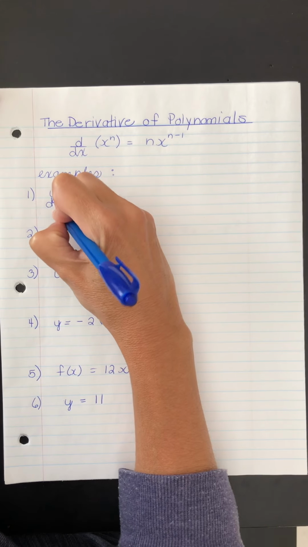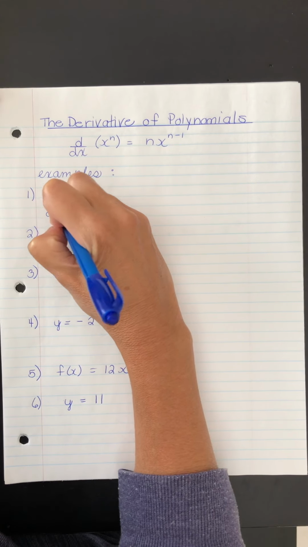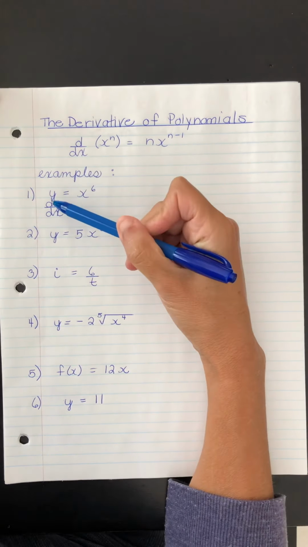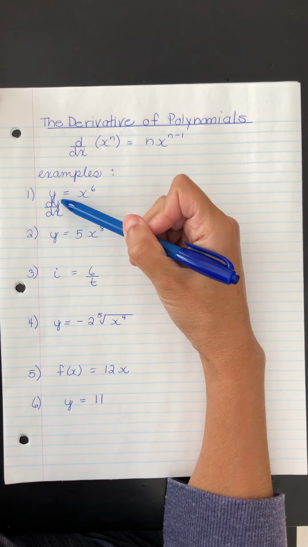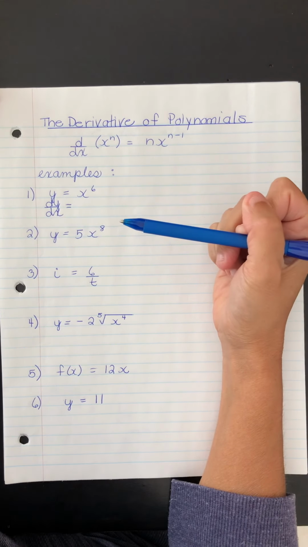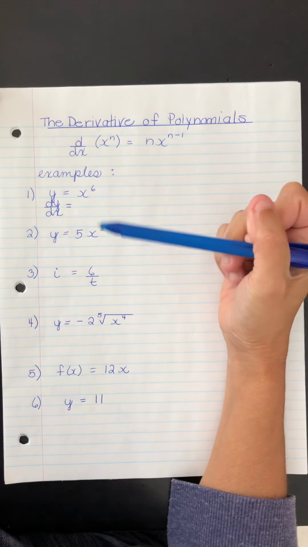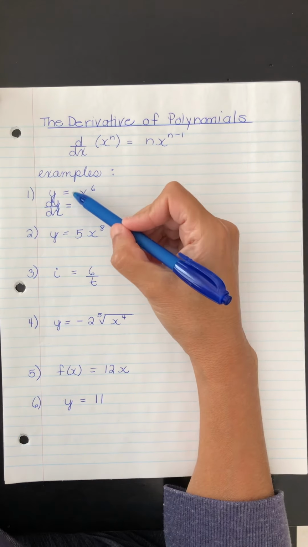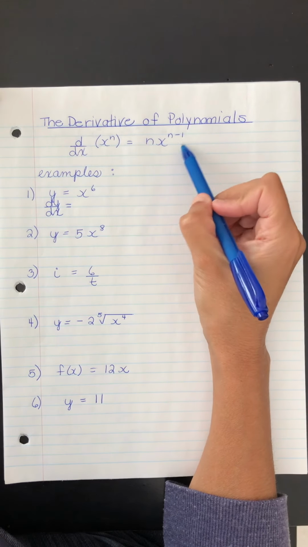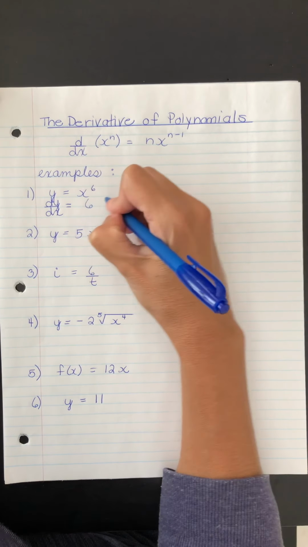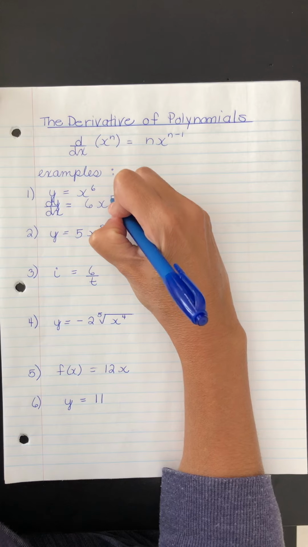First of all, it's really important that we change the notation on the left side to dy by dx. This means the derivative of y with respect to x. On the right side now, we apply the rule and write 6x to the power of 5.